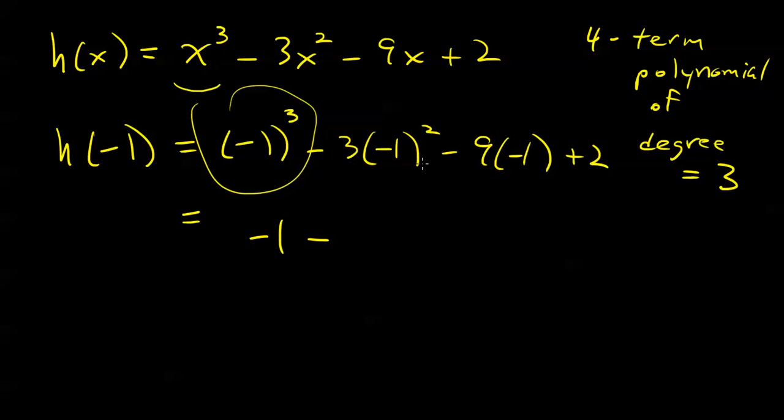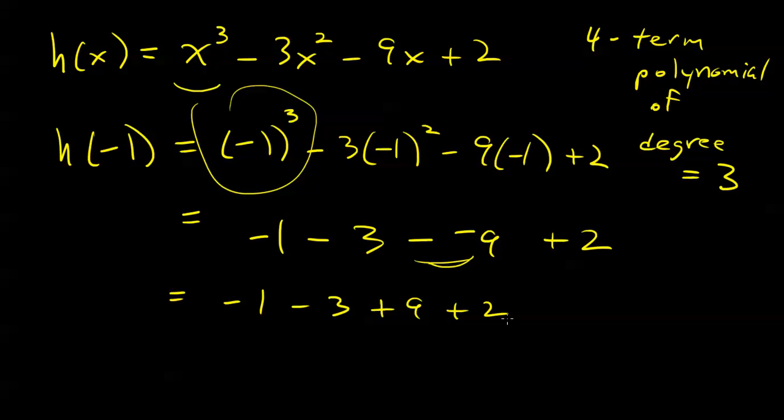Minus 3 times minus 1 squared is 3. Minus 9 times minus 1 is minus 9. Plus 2. Alright, I can add these up now. Let me combine these negative signs here. Negative, negative is positive. So I get minus 1, minus 3, plus 9, plus 2, and that reduces to, let's see, 5 plus 2 is 7. So h of minus 1 is 7 in this case.